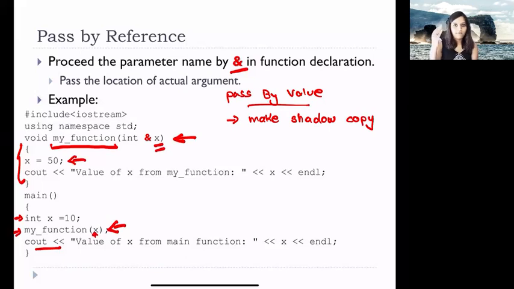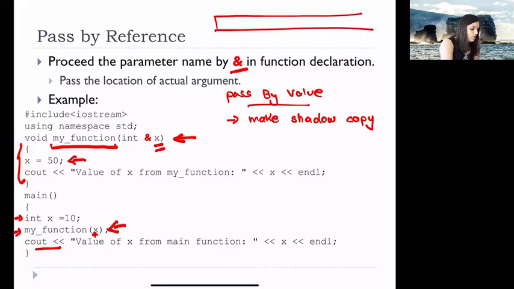So when you pass anything by value, it can refer to two different memory addresses because a shadow copy is made. Visualize your memory as a long array in which you can store different items.